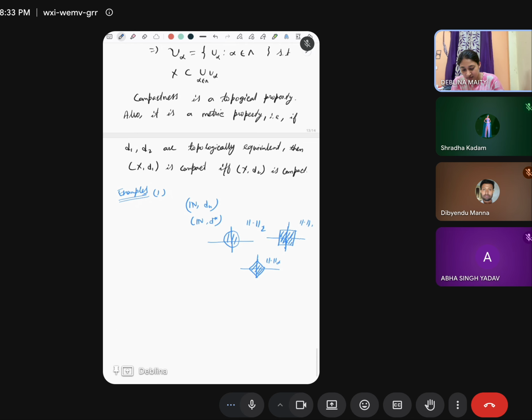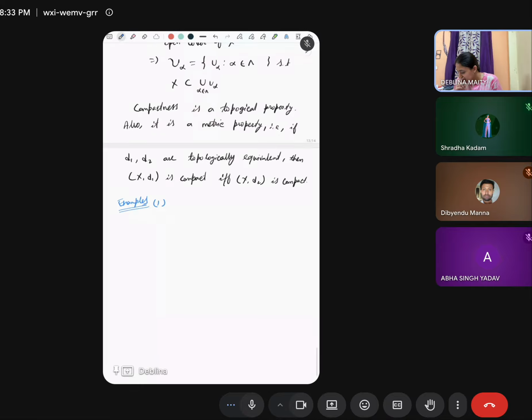So we are doing compactness. Now, if the set is finite, then it is compact, right? Every finite subset of any metric space is compact.